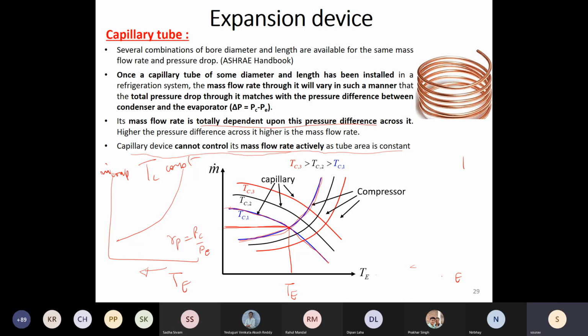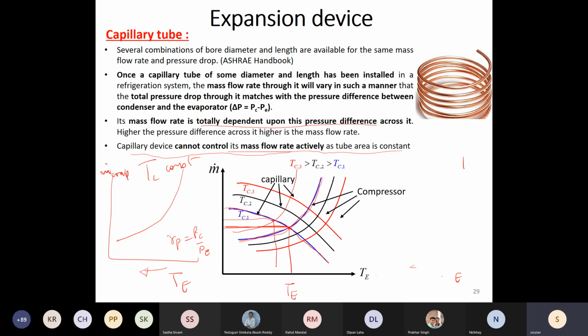Now suppose you do not change the capillary tube, you bring in a bigger compressor. A bigger compressor means at the same evaporator temperature, it will be able to deliver more mass flow rate like this. Then your next balanced condition would be this one.